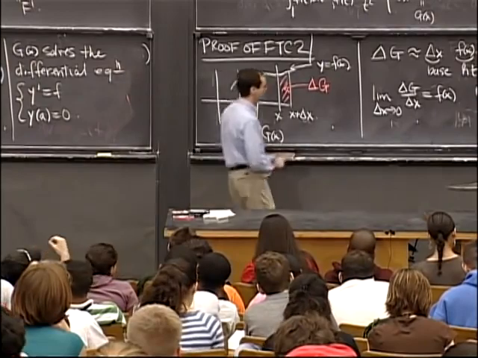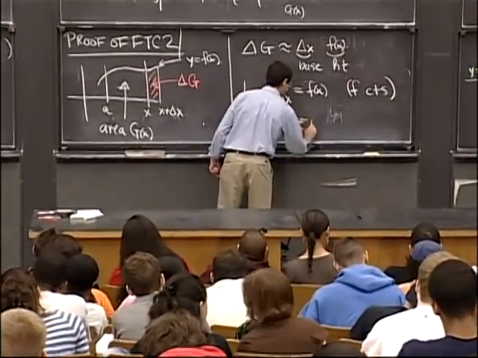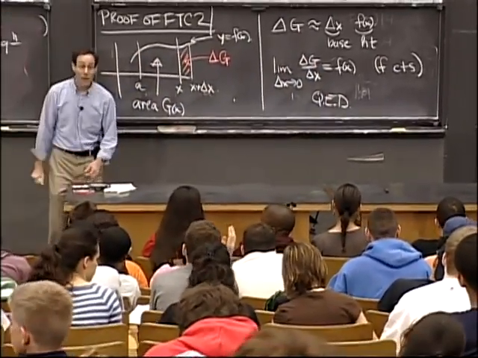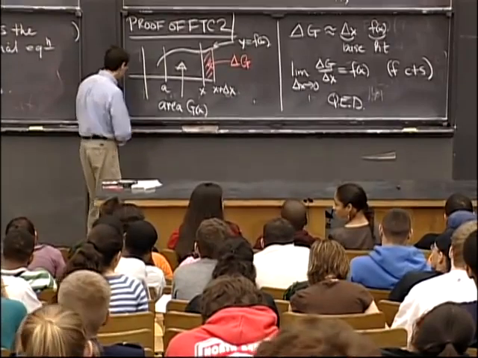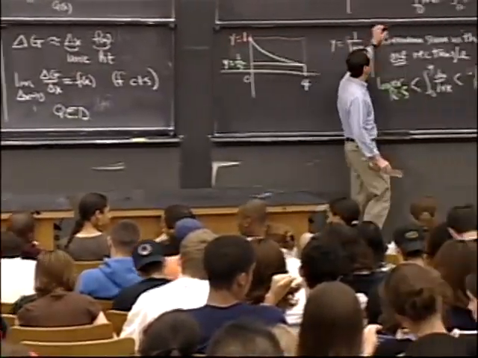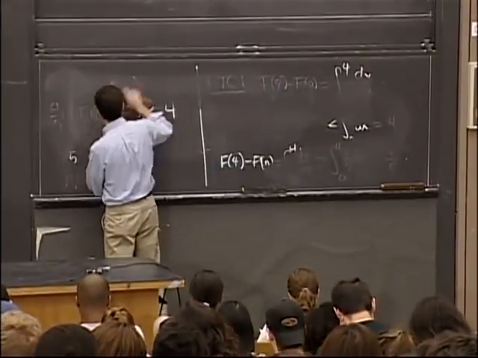Okay, this is the end of the proof. So I'll put a nice little QED here. All right, so we've done fundamental theorem of calculus 2, and now we're ready for fundamental theorem of calculus 1.